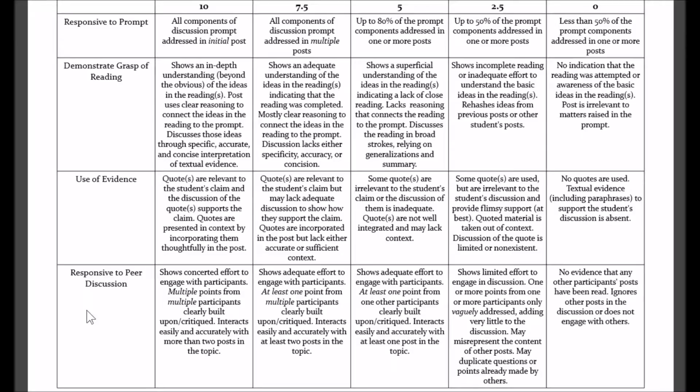And notice I stressed at least one. You can always improve your chances of a good discussion score for the week by engaging multiple participants or taking on multiple points, not just the point that you've made in your own contribution. Okay, so that's what you want to do then.